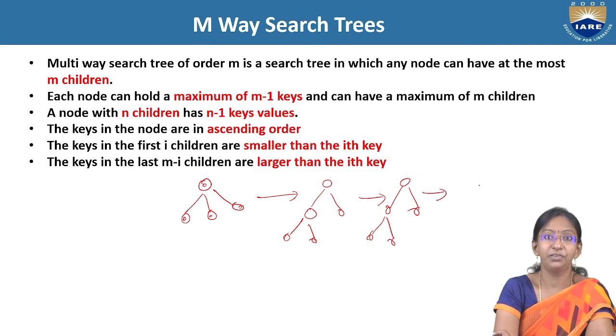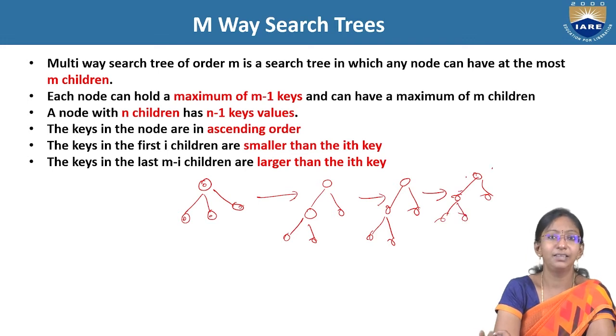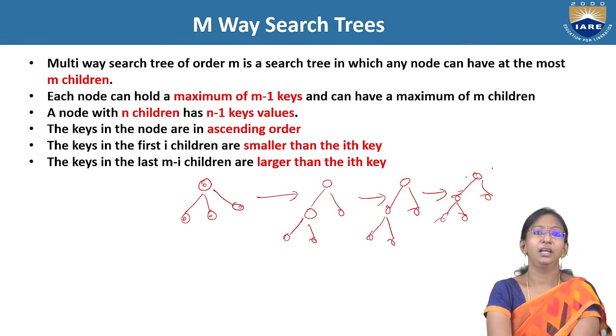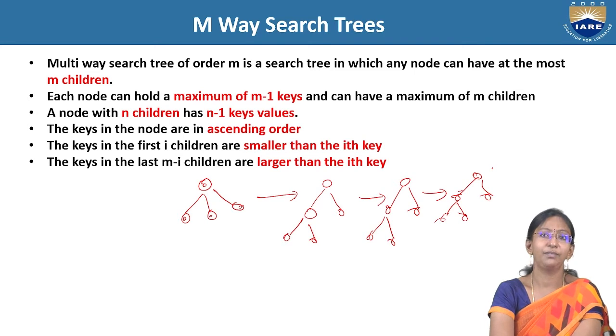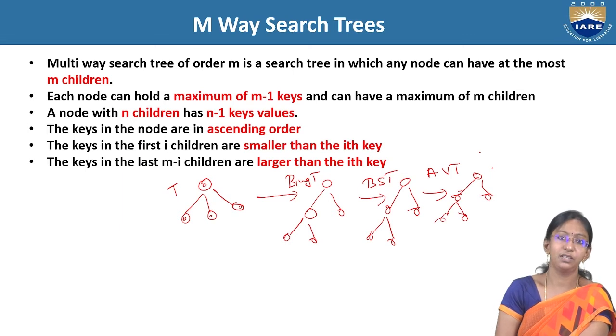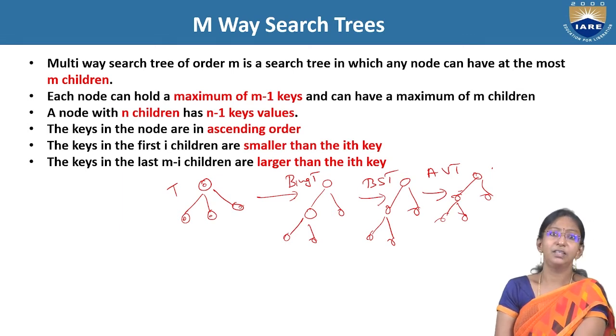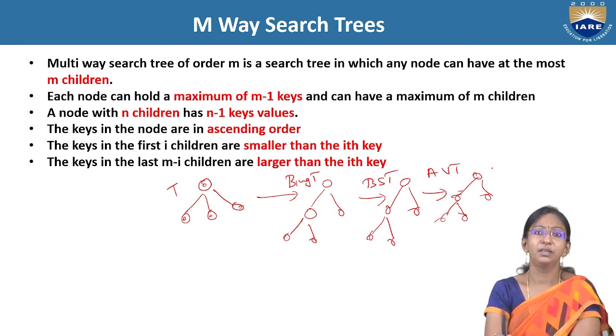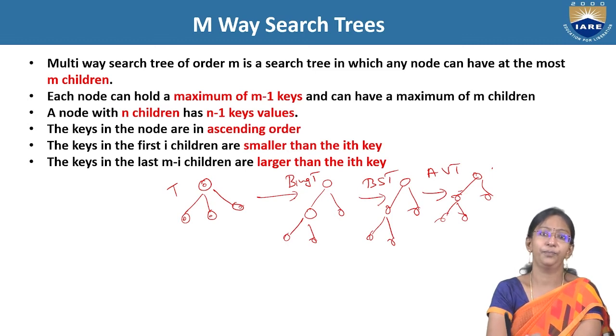Next, AVL trees have come into the picture, where I have calculated a balance factor also, and still you can see that whether it is a tree, a binary tree, a BST, AVL, whatever trees you have seen till date, every node has a single data value.